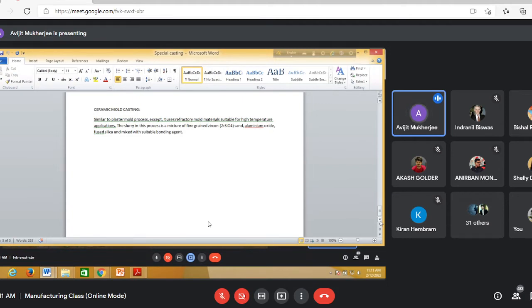In the very first step, we had mentioned special sand like zircon, olivine, chamotte, chromite, magnesite, all these. Zircon sand formula is ZrSiO4.